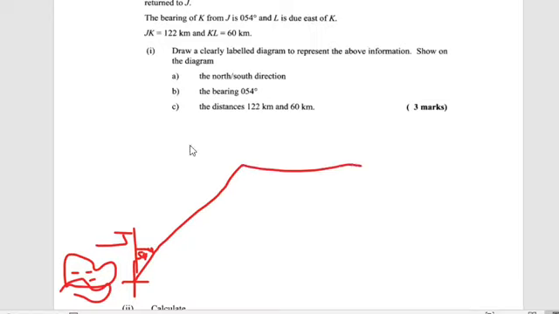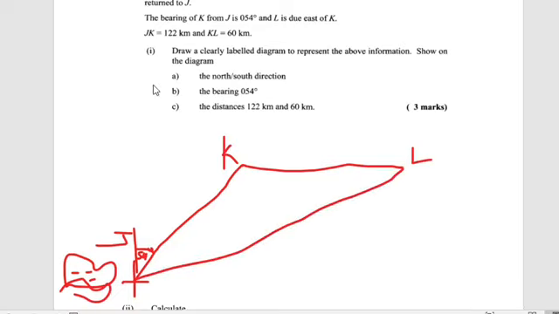So this is K, which is at 54 degrees from J. This now is L, which is due east, and we can connect to form a triangle right here. The additional information is that J to K is 122 kilometers and K to L is 60 kilometers.